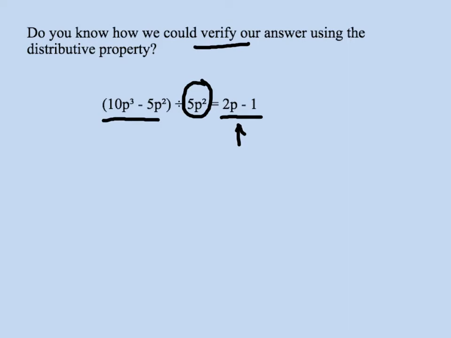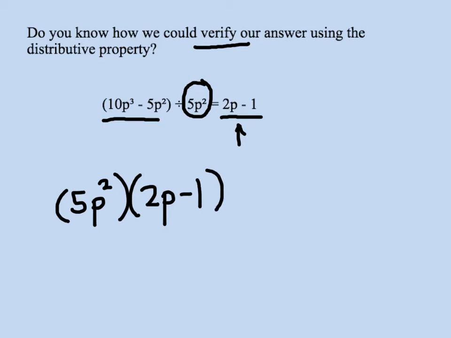Let's check this out and see what we get. 5p squared multiplied by 2p subtract 1. Let's use our distributive property. The 5p squared must be multiplied by the 2p and by the negative 1. Multiply the 5 and the 2 and you get 10.